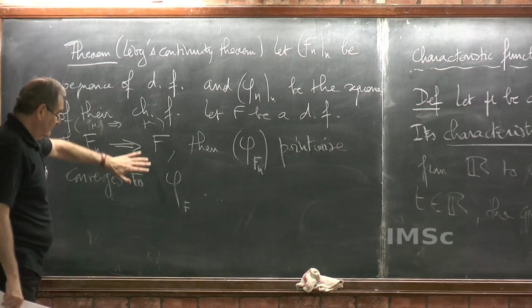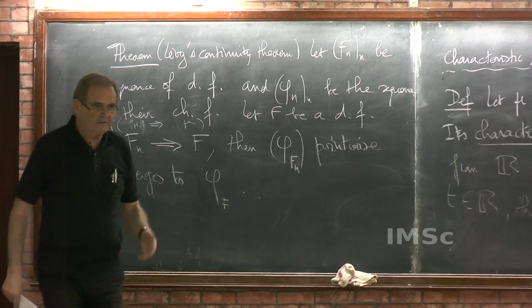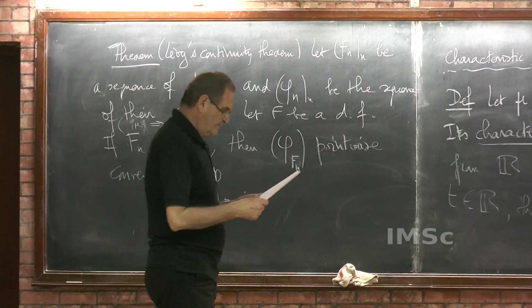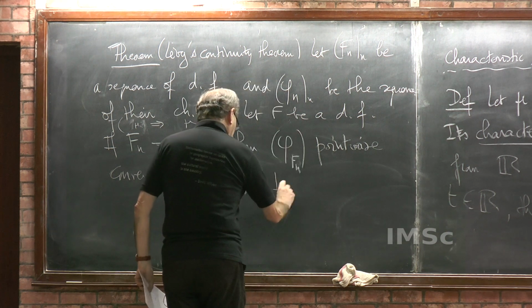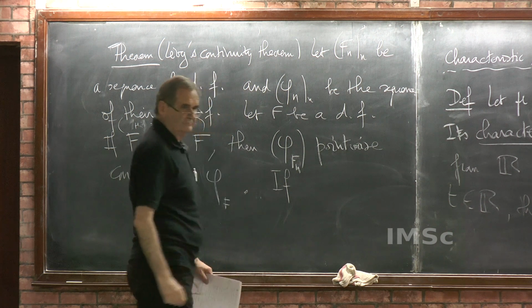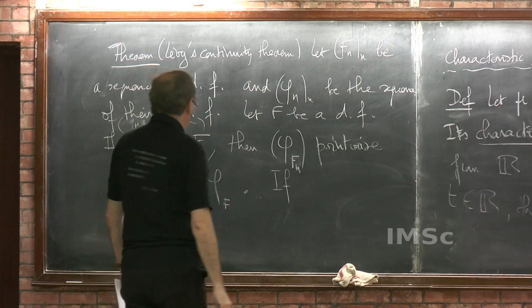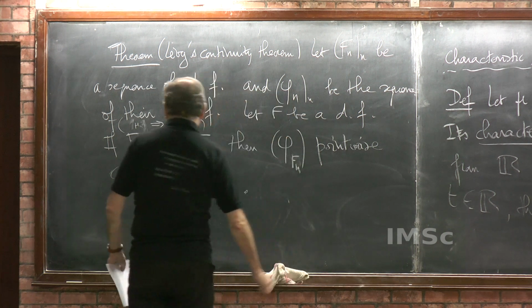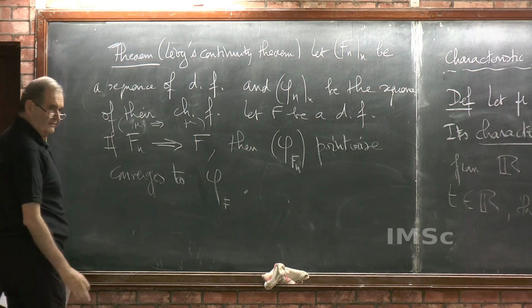So you have this pointwise convergence. Now this is not that difficult, and this is not what is the most interesting. Now, what is interesting is what happens if, okay, this is to say that if you have this, you are fine.